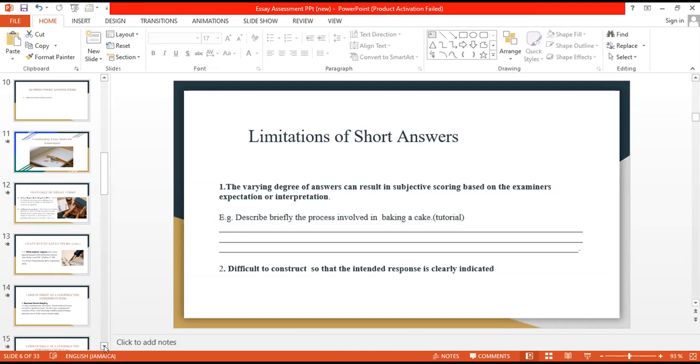And so when that happens, you still have to open your mind to being flexible enough. And this is why the teacher or the assessor must have adequate knowledge of whatever it is that they are testing. You get where I'm going? So you see all the nuances involved in this one little short answer question.